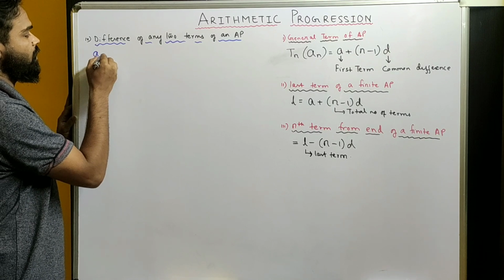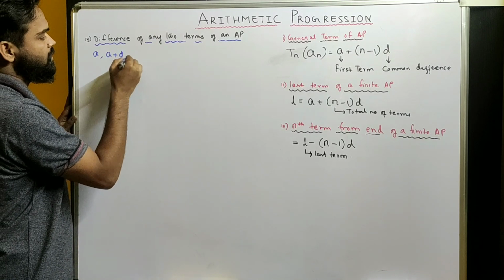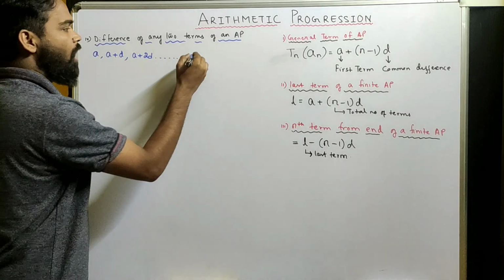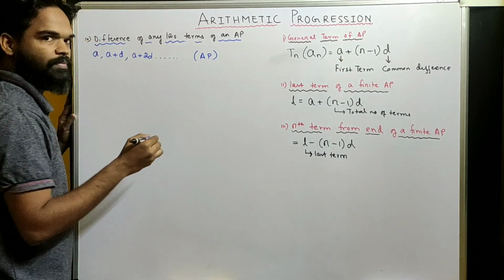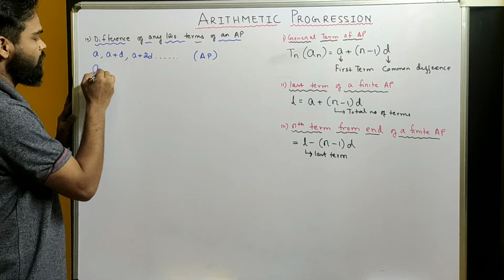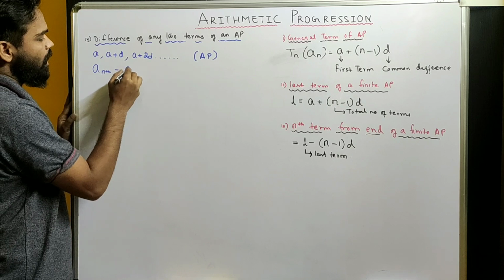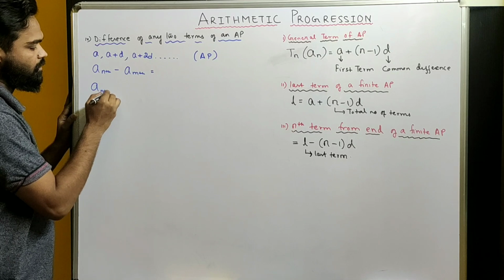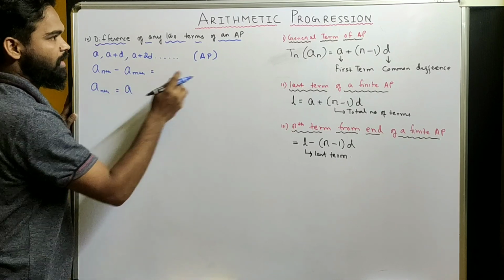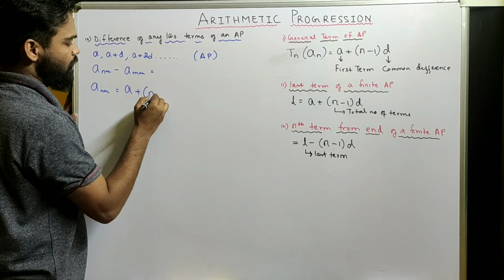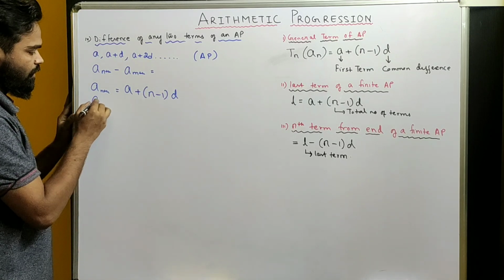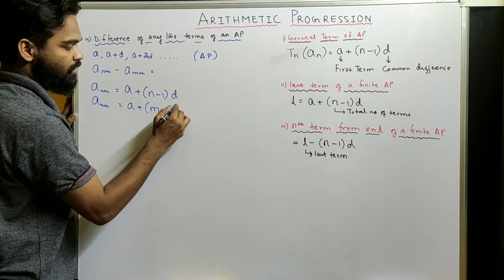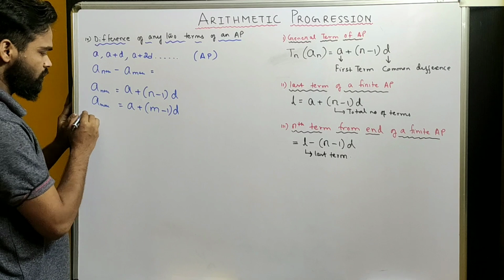Now let us see how to find the difference of any two terms of an AP. Suppose we take a, a plus d, a plus 2d, and so on. These are in AP. And I want the difference between the nth term and the mth term. Now look carefully. The nth term will be equal to a plus (n minus 1)d, and the mth term will be a plus (m minus 1)d. Difference means you subtract these two.